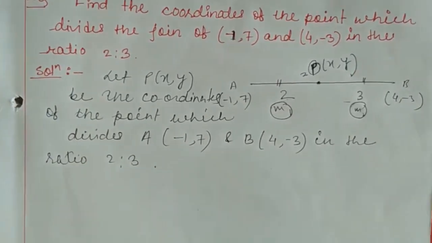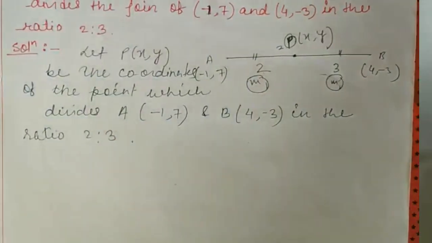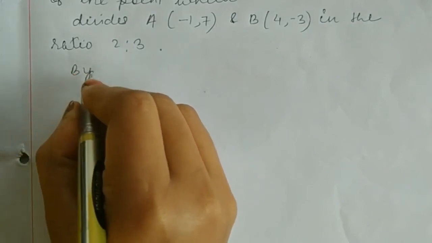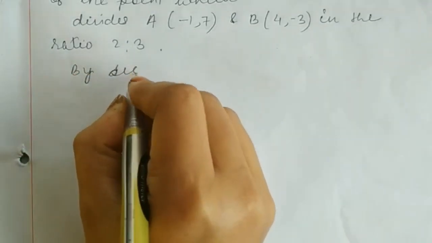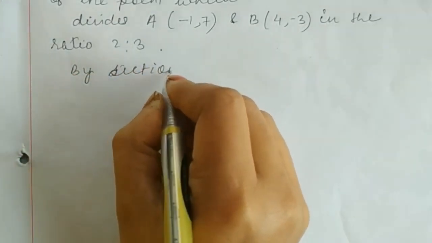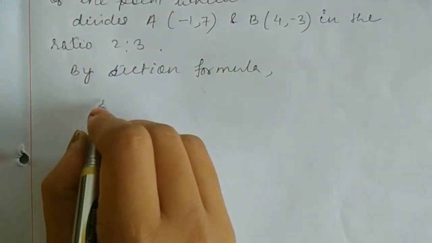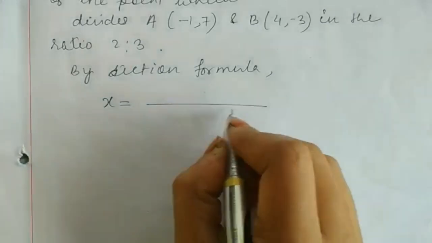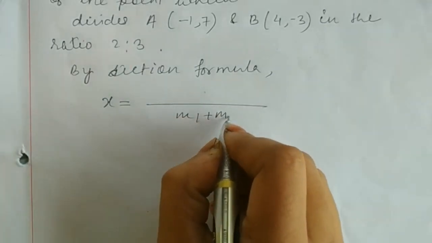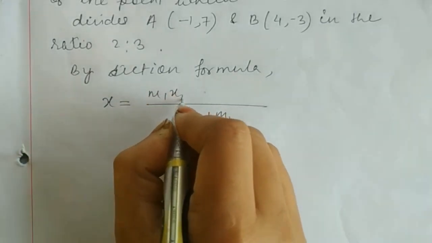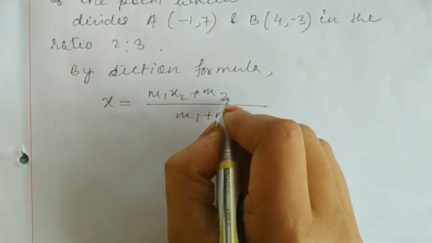After this, by the section formula, x equals (m1 x2 + m2 x1) divided by (m1 + m2).